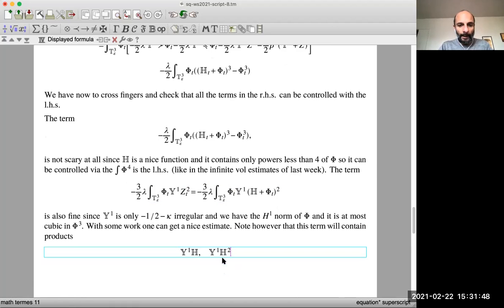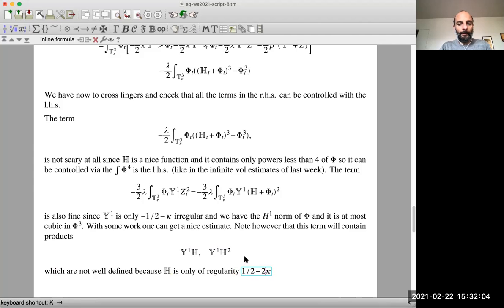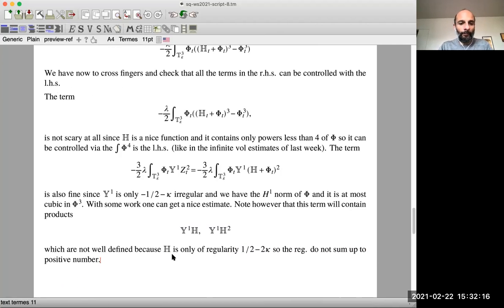And these products are not well defined, because h is only of regularity 1/2 minus kappa, so the regularities do not sum up to a positive number. So these are a bit dangerous.